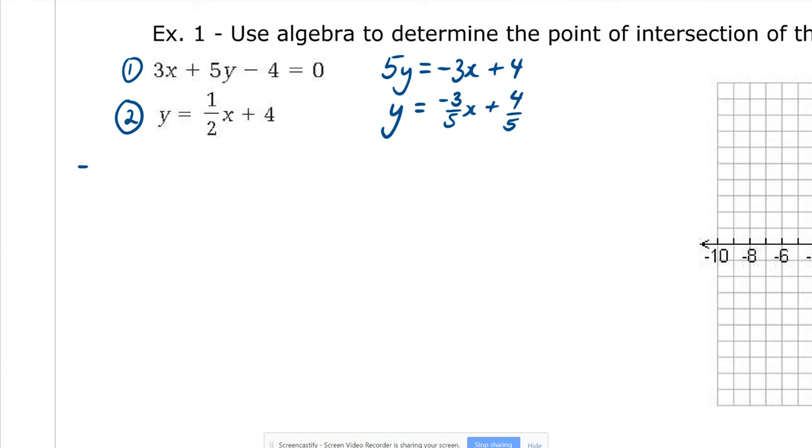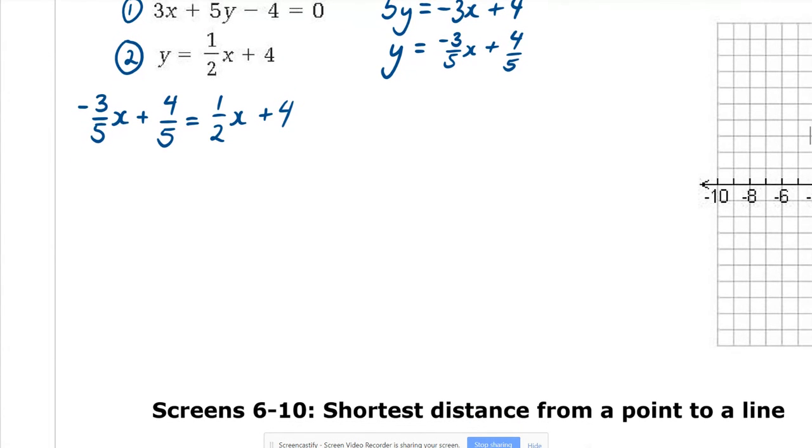So here we go. I'm going to have negative 3 over 5 x plus 4 over 5 equal 1 over 2x plus 4. Then I'm going to collect the x terms on one side and the other terms on the other. So if I bring the x terms to the left side, I'm going to have negative 3 over 5x minus 1 over 2x equal to 4 minus 4 over 5.